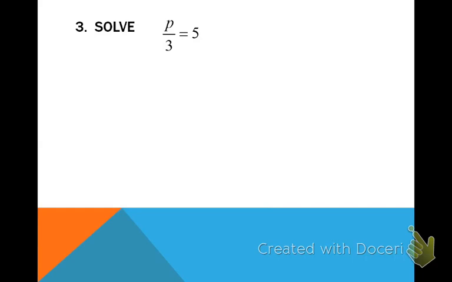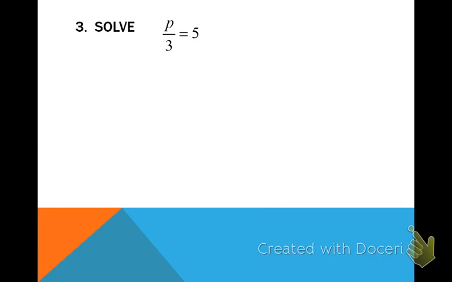Got to get a coefficient of 1 on our variable. The variable's got to be all by itself on one side of the equation. So what do we have going on? Is p all by itself? Does it have a coefficient of 1? I think it has a coefficient of 1 the way it looks right here, but you're right, it's not all by itself.